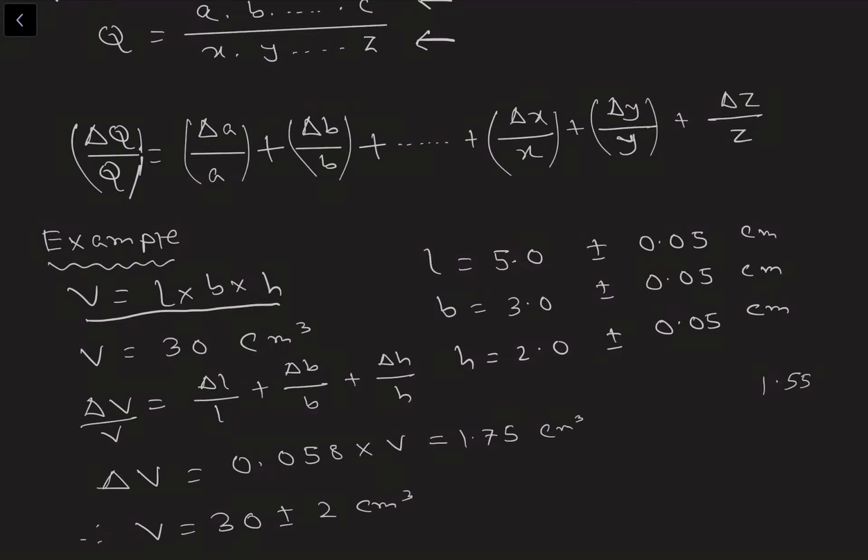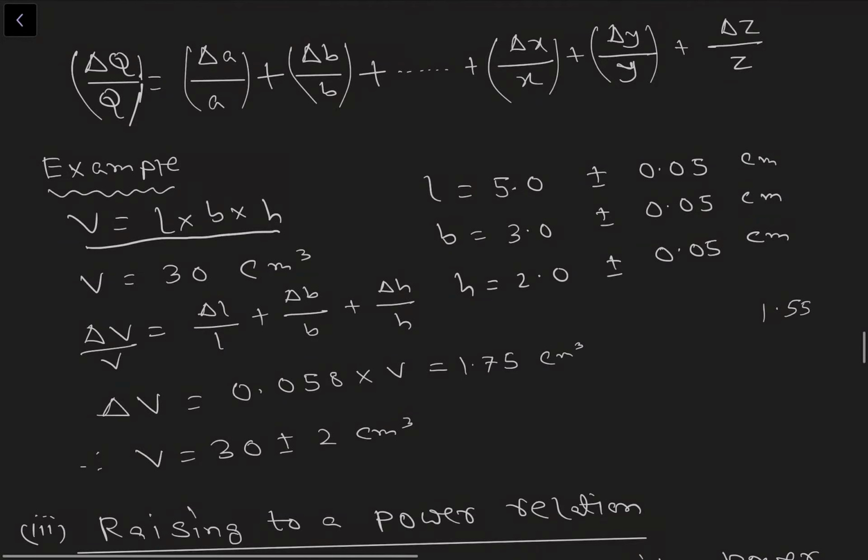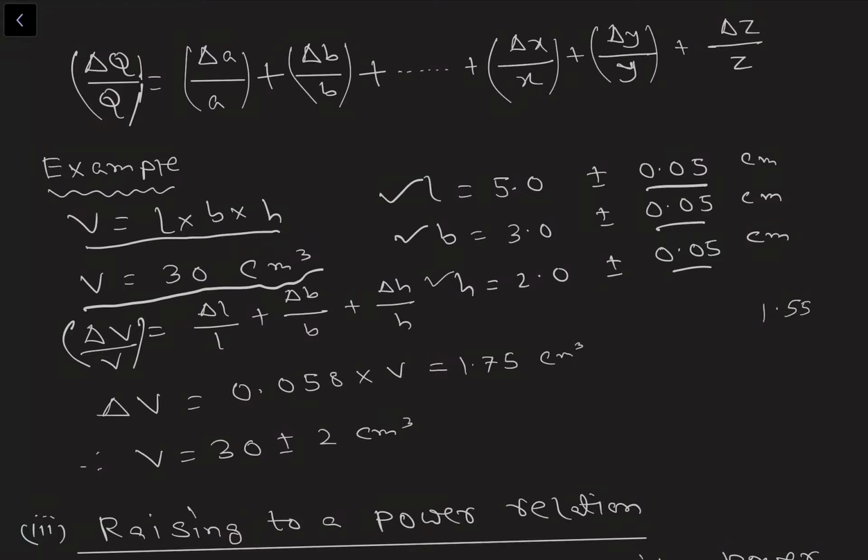For example, we are calculating the volume of the bar. We already saw this in the previous video. Say we measured the length, breadth, and height of the bar. It is coming out to be 5, 3, and 2 centimeter respectively. There is an error, as we measured it with the same centimeter scale. Then the volume is coming out to be 30 centimeter cube.